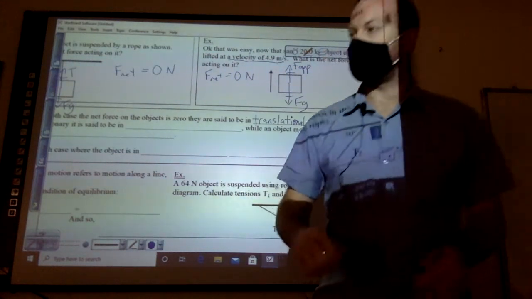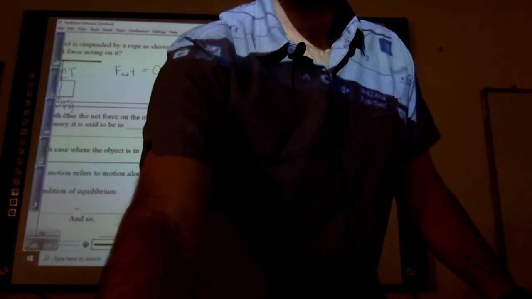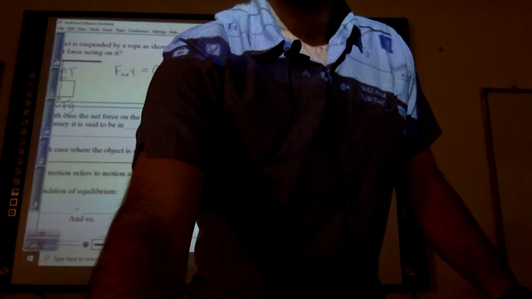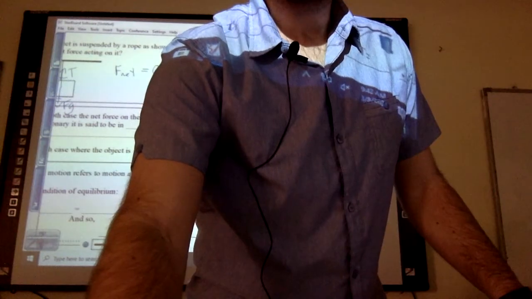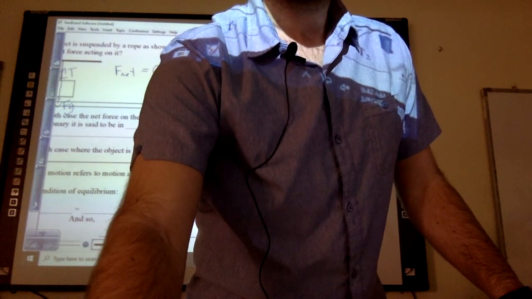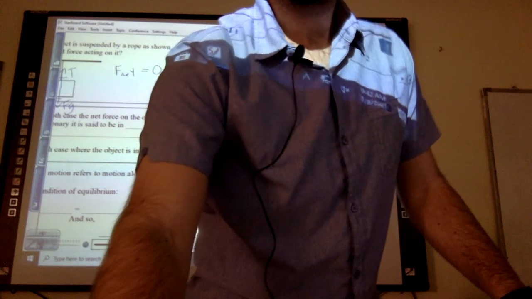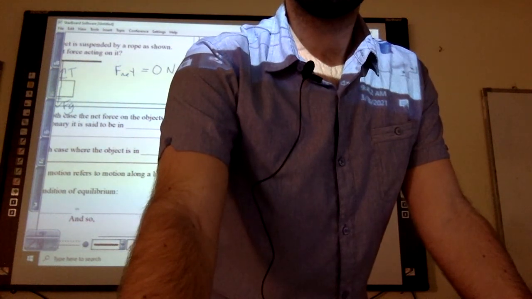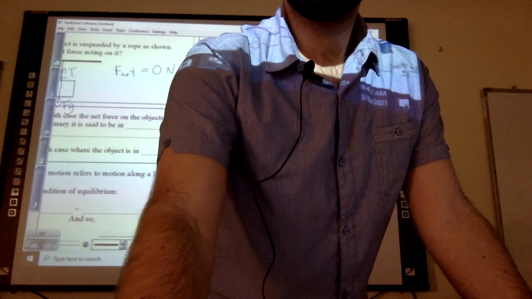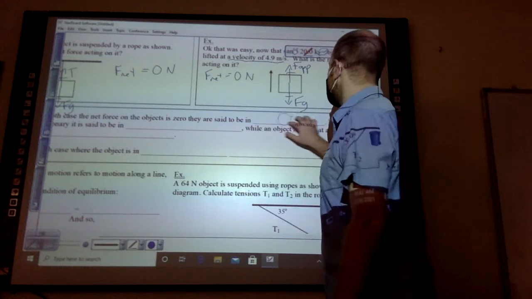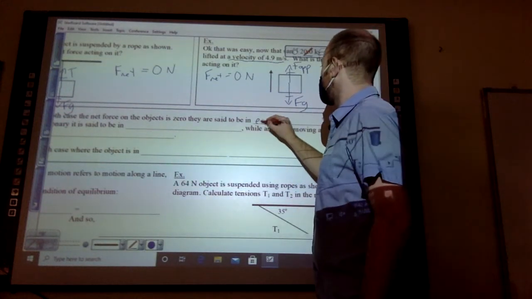Wait, I need to double check my notes on this, because I don't want to mix you up on the different boxes. Sorry, this one's not translational equilibrium. This one's just equilibrium.